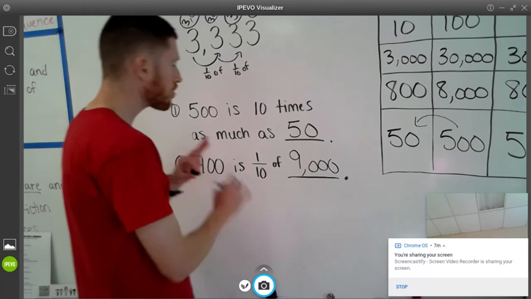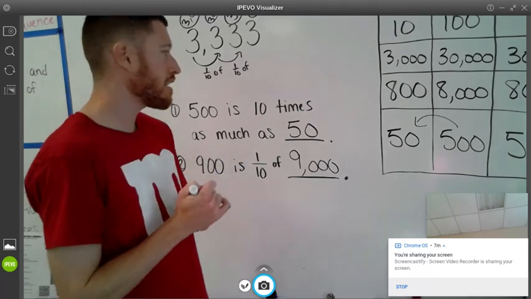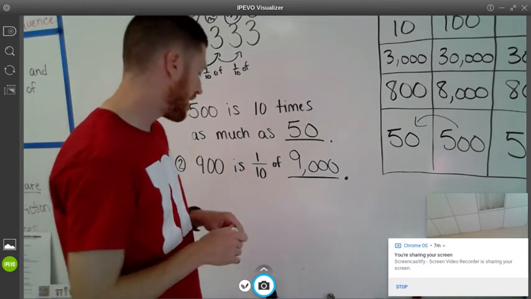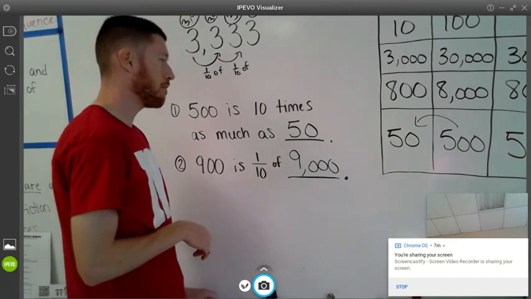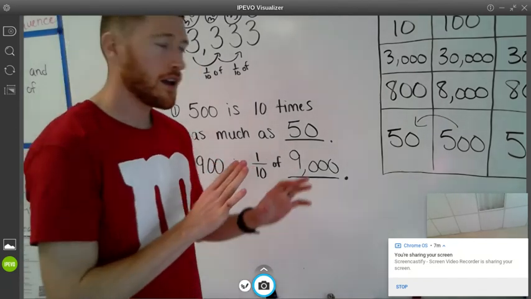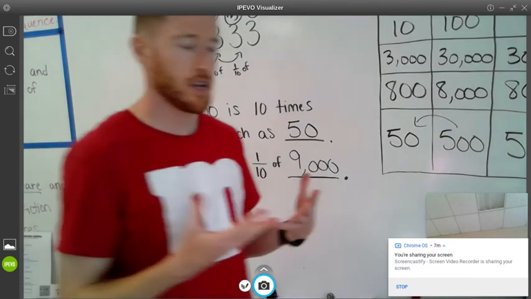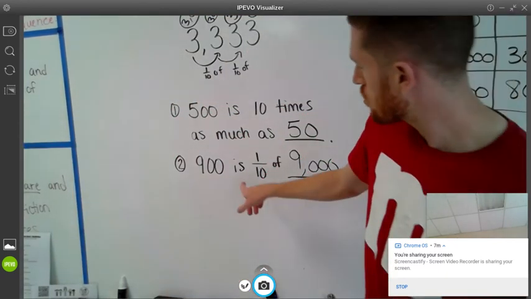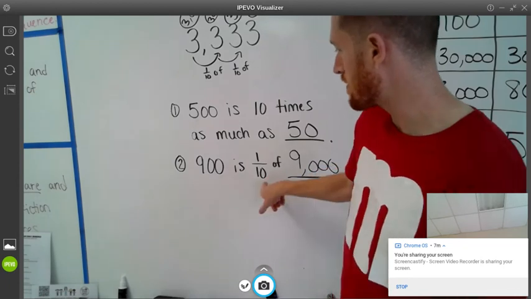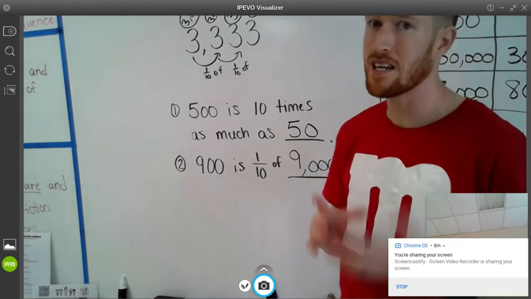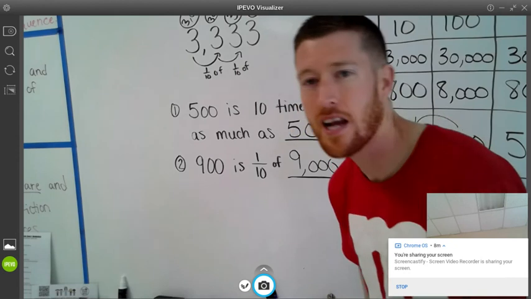So these are tricky with the way they're worded, and you're going to see a few of these tricky ones in Think Central. So just be careful about that. Just because you don't see the 1/10 inside of this sentence doesn't mean that it's not asking for that. And just because you don't see the 10 times as much phrase in this comparison sentence doesn't mean it's not asking for that. So just be careful.